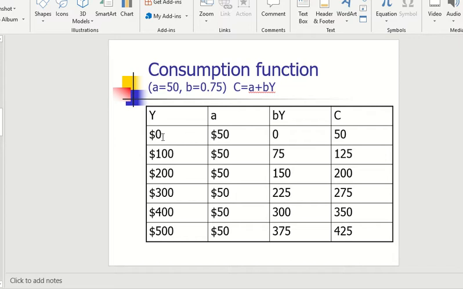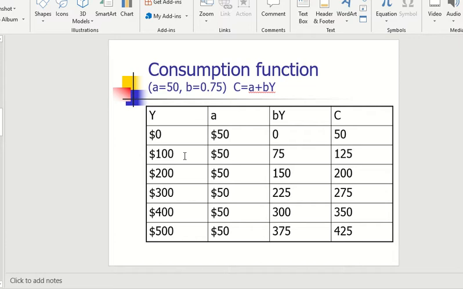So this is when the income is 0. So obviously it's 0. Consumption is equal to A plus B times Y. That's what we have just seen. So that would be 0 plus 50, or 50 plus 0. So that would give us a total consumption of $50.